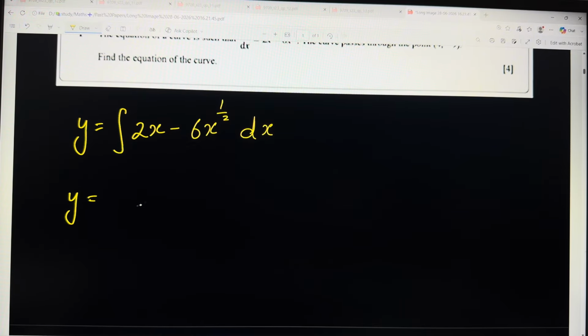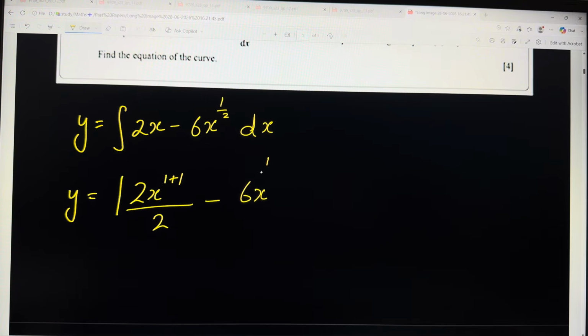This will become 2x, we'll add 1 to the power divided by the new power, minus, we will add 1 to the power, so plus 1 upon the new power, which is going to be 3/2, plus a constant.